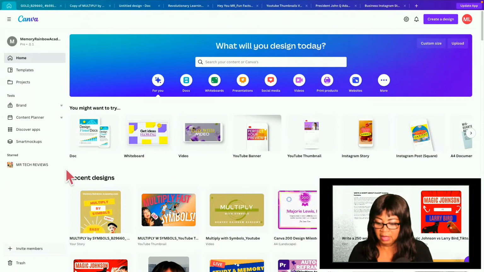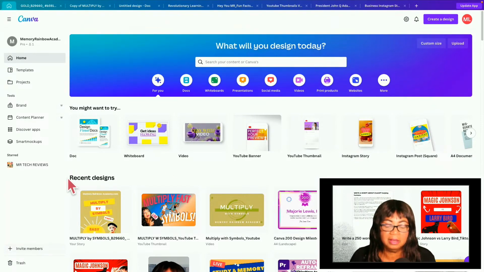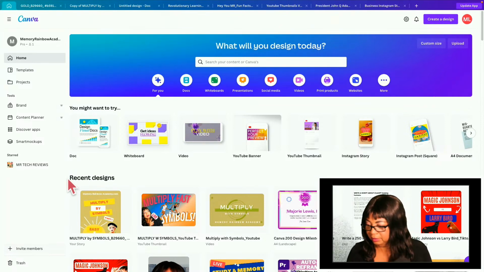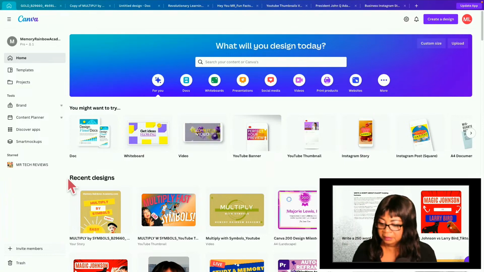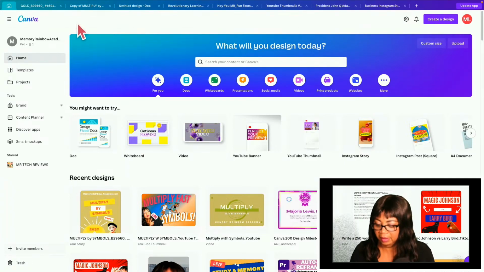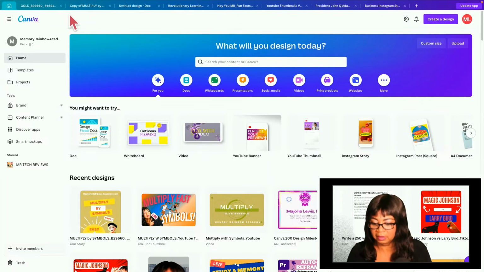And Canva allows you to have a free membership within Canva, so that you can sign up. You are limited to certain things, right? If you do get the professional, which is not really that expensive at all, it's definitely, I think, less than $20 a month, you can pretty much use all of the templates that Canva has to offer.